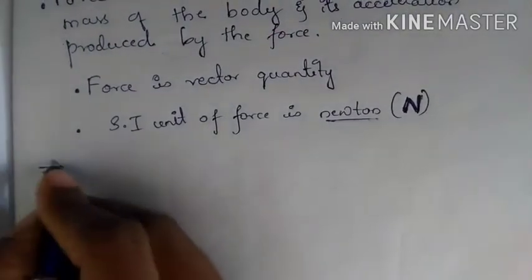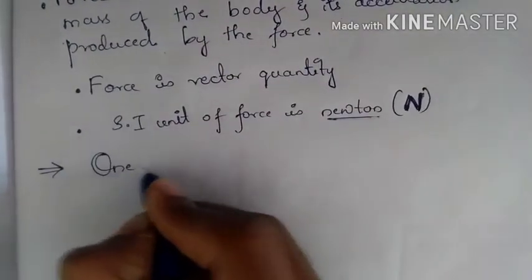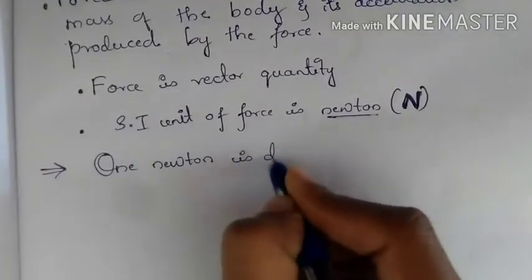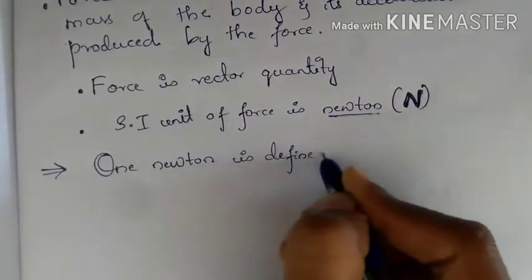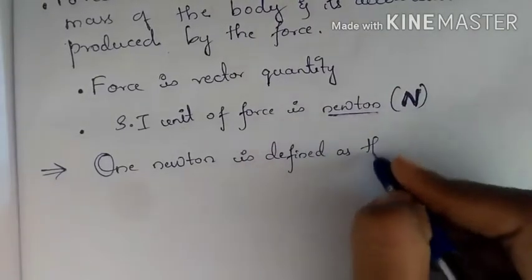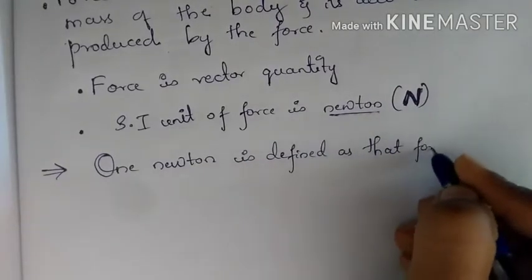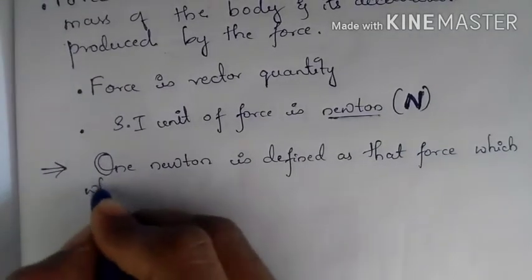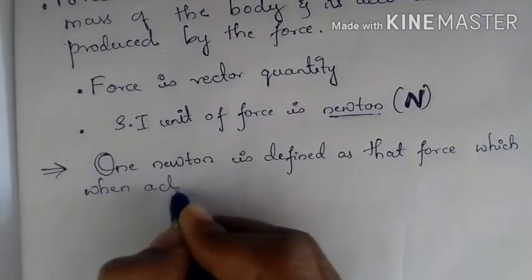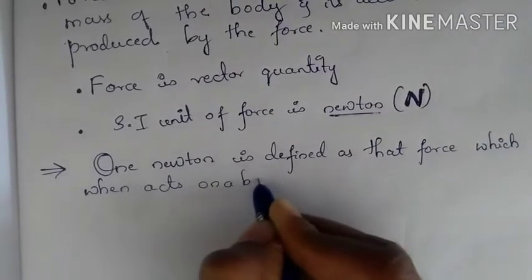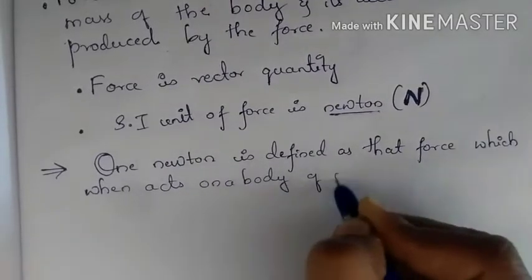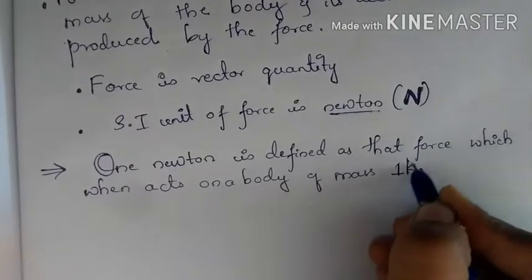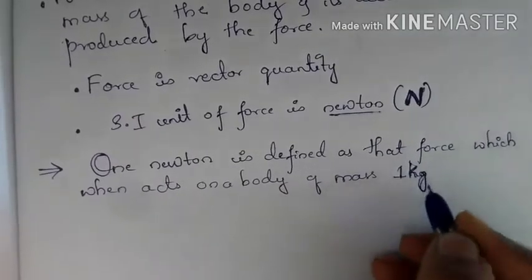1 Newton is defined as that force which, when it acts on a body of mass 1 kg, produces in it an acceleration of 1 meter per second square. If you observe here, we are not defining it as 1 unit.